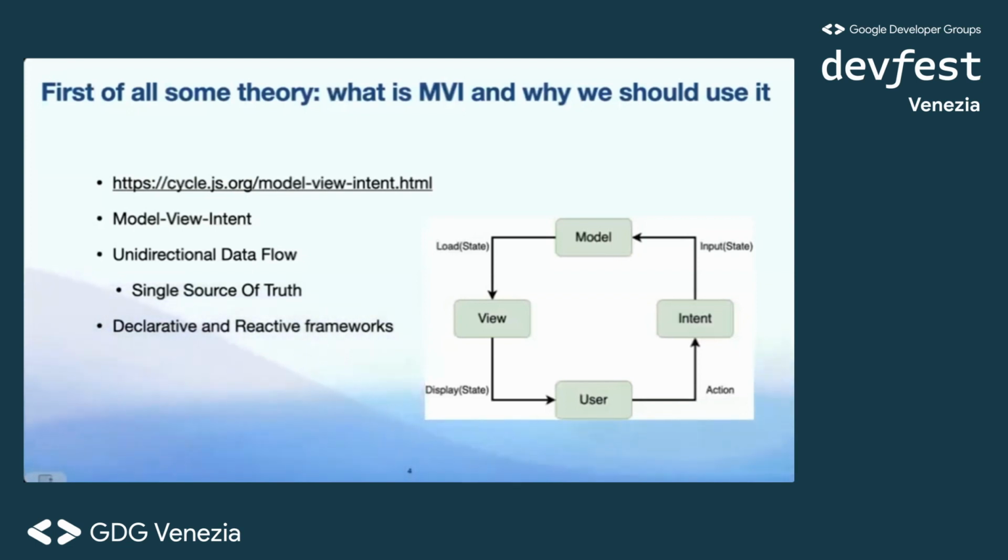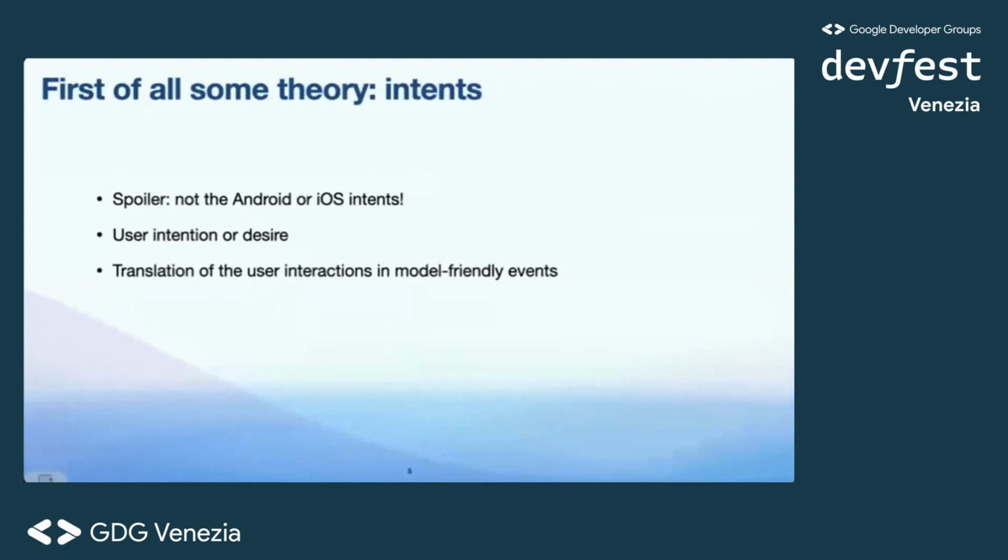Let's go on and see each of the blocks that compose the MVI architecture. Let's start from probably the most difficult one, the intents. What are intents? Intents are not the Android or iOS intents.